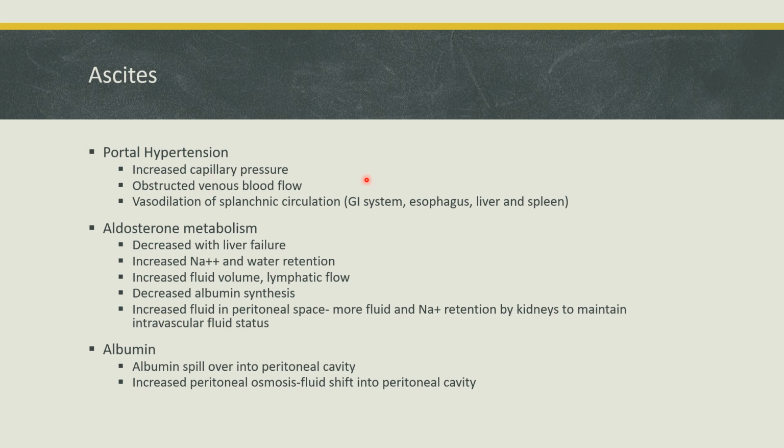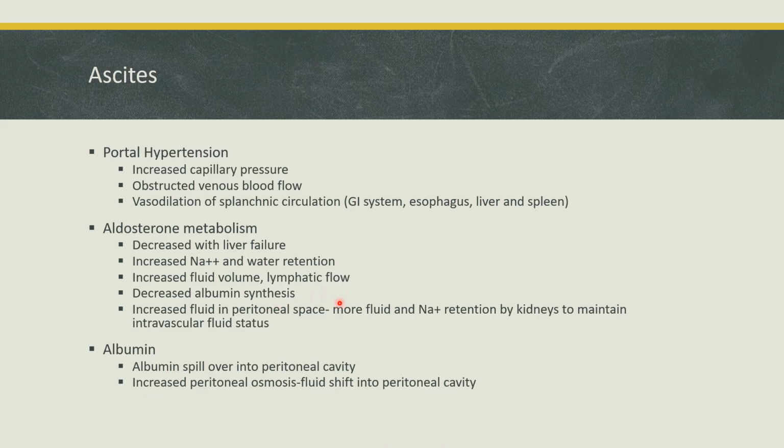So when we have decreased liver function, we're going to have increased sodium and water retention because we're not going to be breaking down aldosterone appropriately. So we're going to have increased sodium and water retention, which is going to result in increased fluid volume, which is going to worsen our portal hypertension.